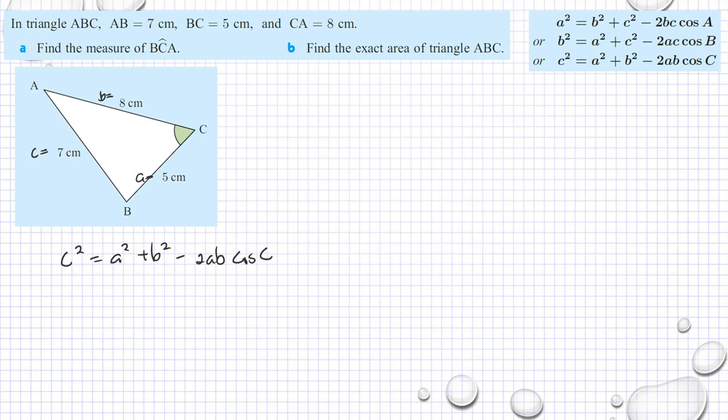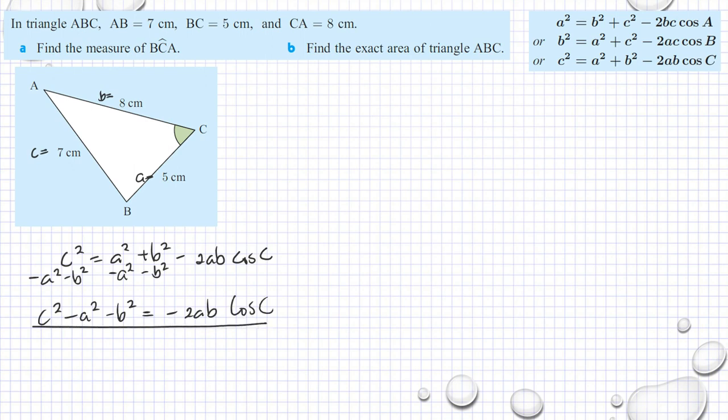Okay, I just need cosine C here. If I subtract both sides of the equation by A squared and B squared, then I have C squared minus A squared minus B squared is equal to negative 2AB cosine C. Divide both sides of the equation by negative 2AB. Then I have cosine C is equal to C squared minus A squared minus B squared divided by negative 2AB.